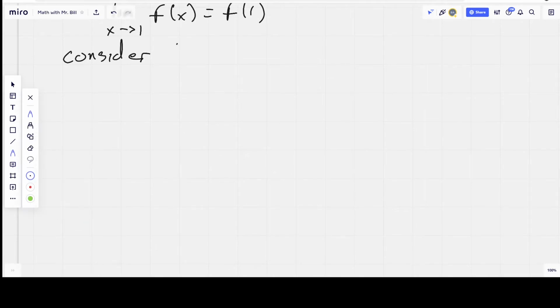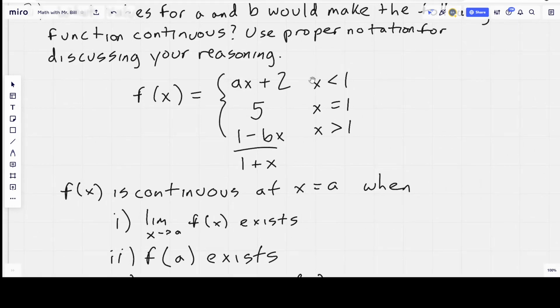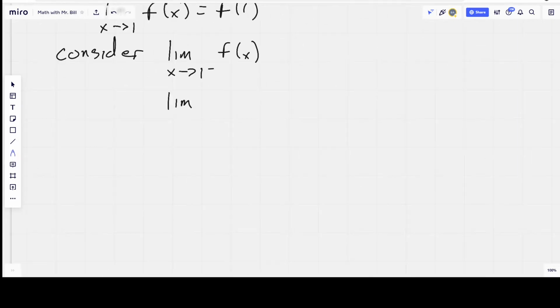So we'll say consider the limit as x approaches 1 from the left of f of x. When we say consider this, we can go ahead and plug in the function that's to the left of 1. If we go back up and look, that's going to be the ax plus 2. That's the one that's less than 1. So I can replace f of x there with ax plus 2.